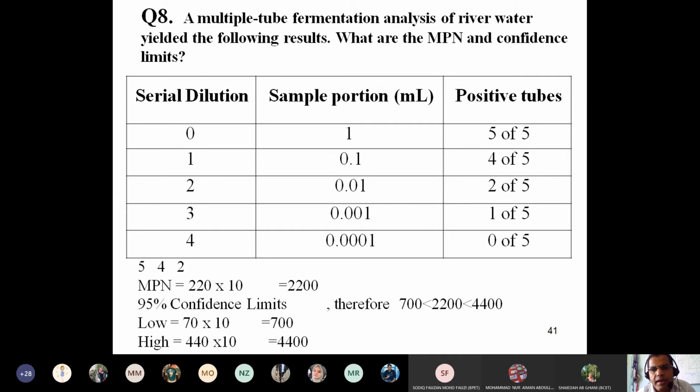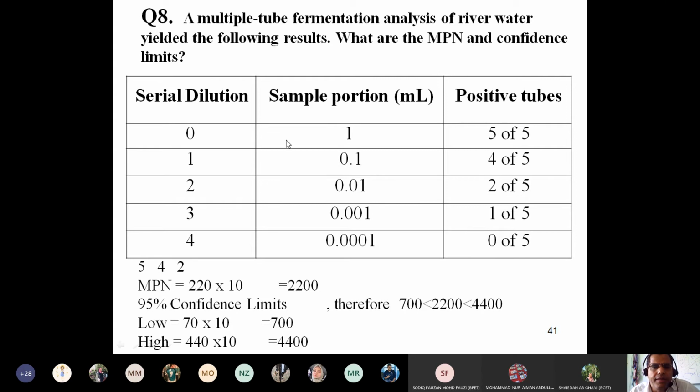If I take 1 milli and add 9 milli, in this case it will be 10 times dilution. If I add 1 milli into 99 milli, this will be 100 times dilution. I think you understand this. If you don't understand, we can explain one more time, no problem, next time.